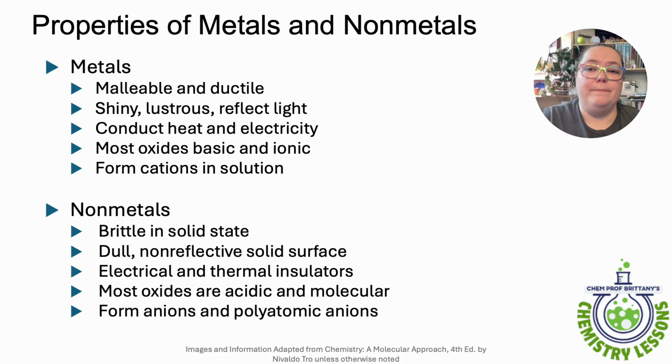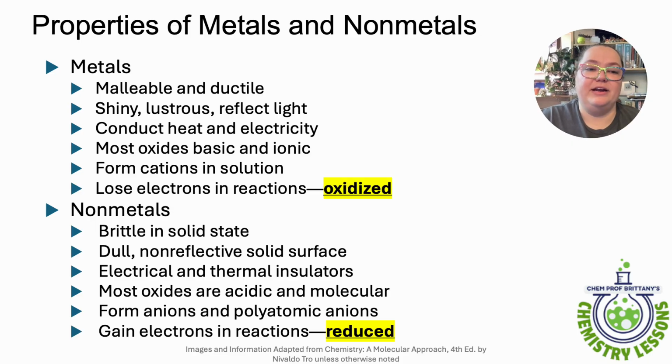Our metals form cations in solution, whereas our nonmetals form anions and polyatomic ions, specifically polyatomic anions. And finally, our metals will lose electrons in reactions, which means that they get oxidized, and our nonmetals gain electrons in reactions, which means that they are reduced.